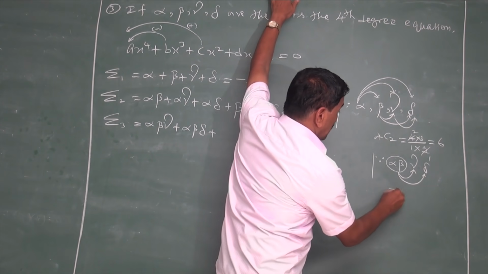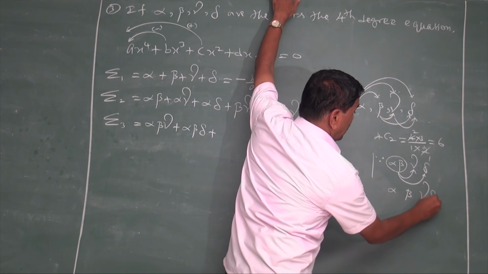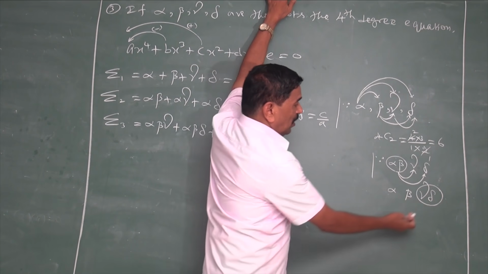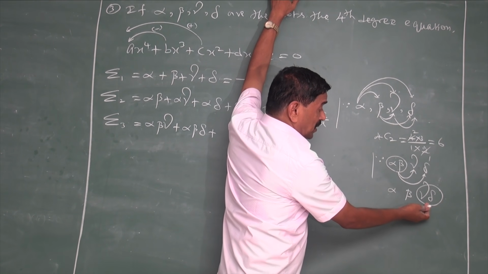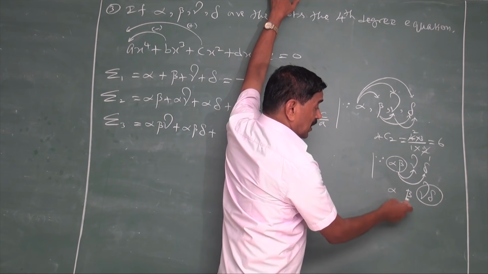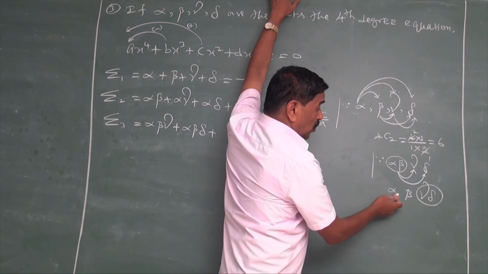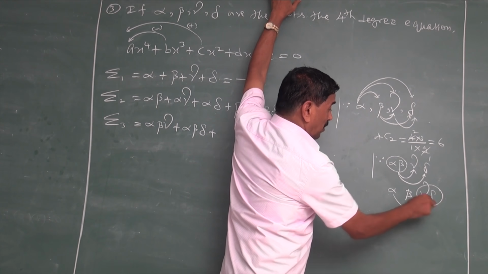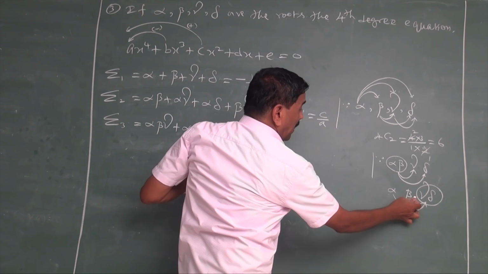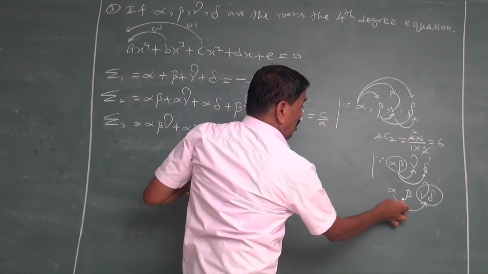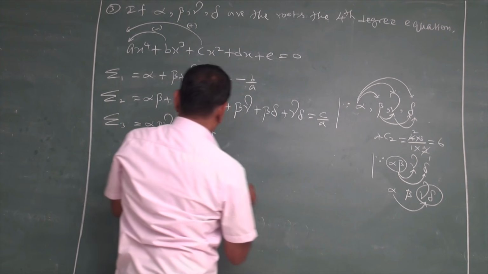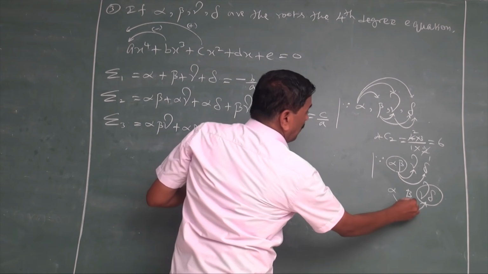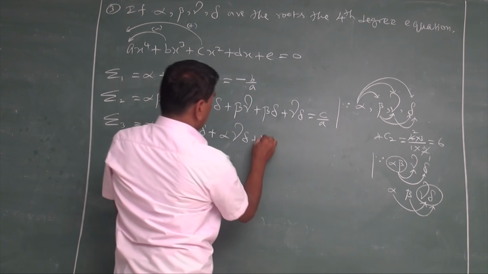Now again consider alpha beta gamma delta. Now consider gamma delta as one group. This group is mapped with the remaining two elements before it. That is alpha into gamma delta plus beta into gamma delta.